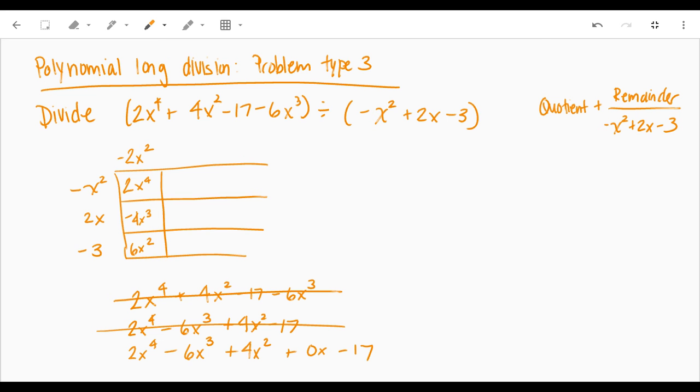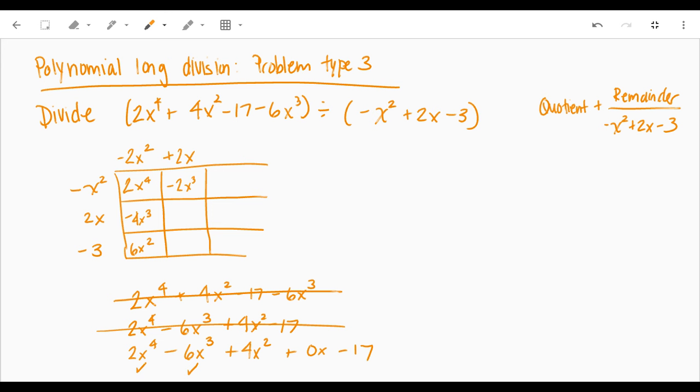Okay, so I've gotten my 2x to the 4th. Now I focus on the x cubed. I want a negative 6x cubed, and I have a negative 4x cubed, so I need a negative 2x cubed. And then I've gotten that taken care of. And I can fill in more, so I need a negative 2x right there. Actually positive, right? Positive 2x.